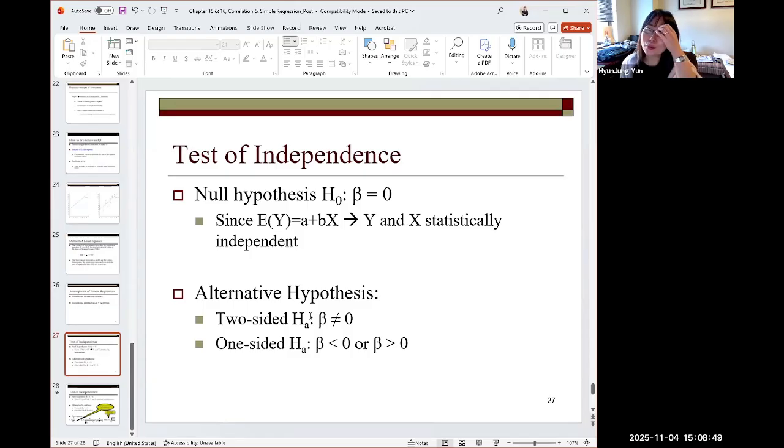And if you know by theory that it is positively related, or negatively related, you can write that up: beta is negative, or beta is positive. You can write different alternative hypotheses for the purpose of your own research.